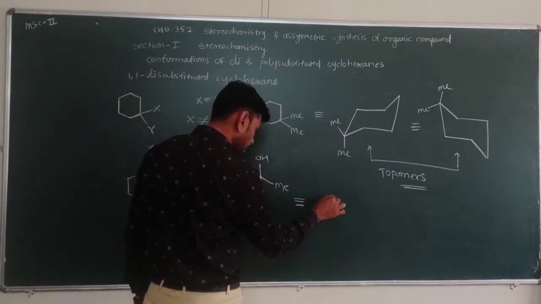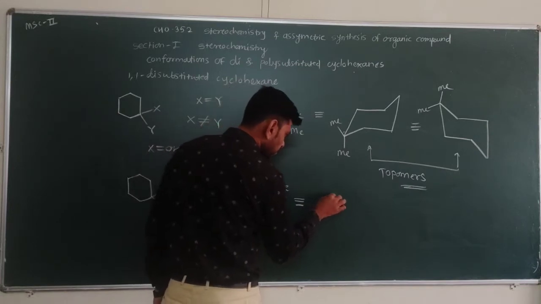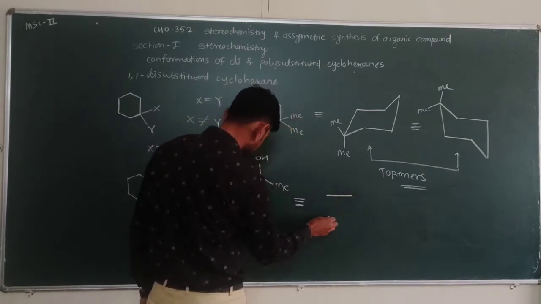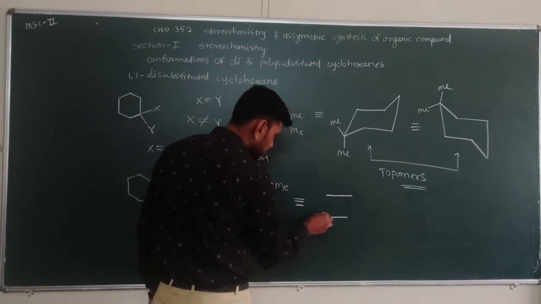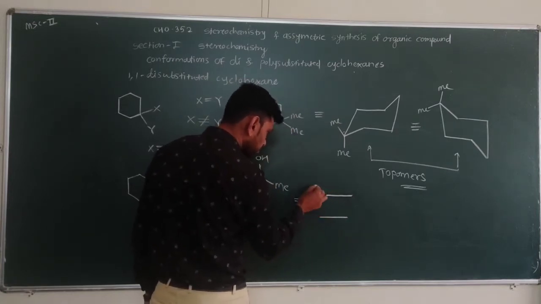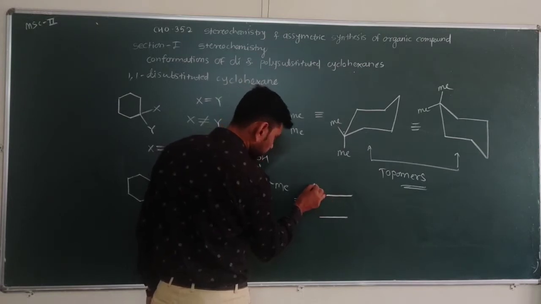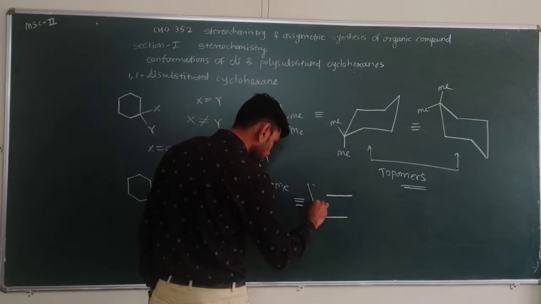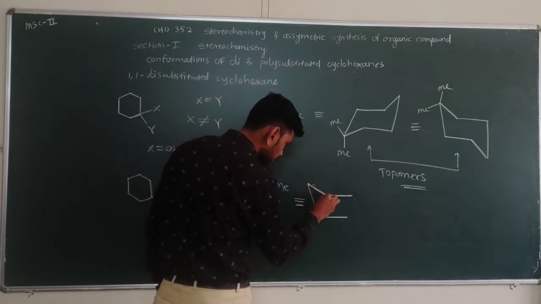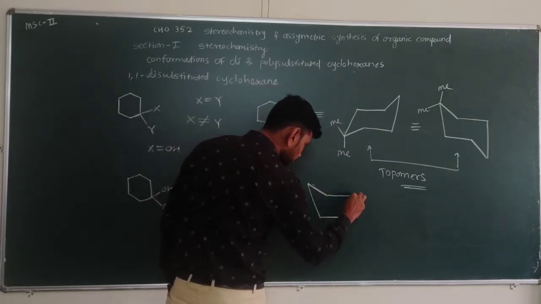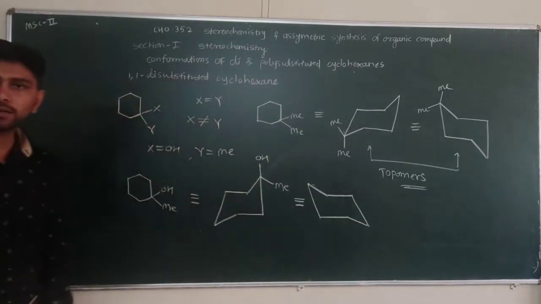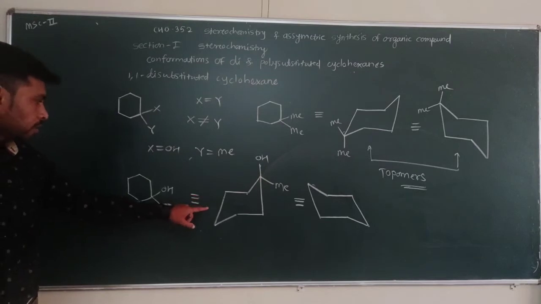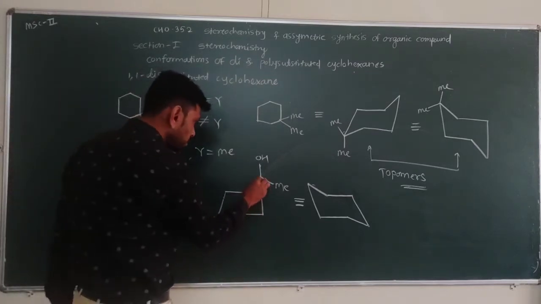Then we can write, first draw the structure. So this is another chair conformation where we have to convert this structure.